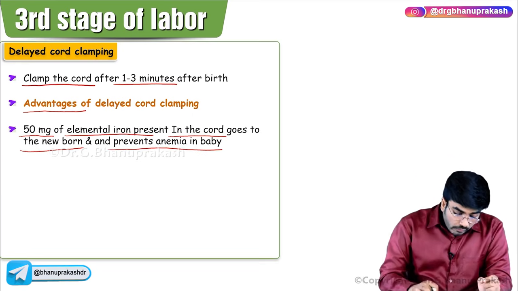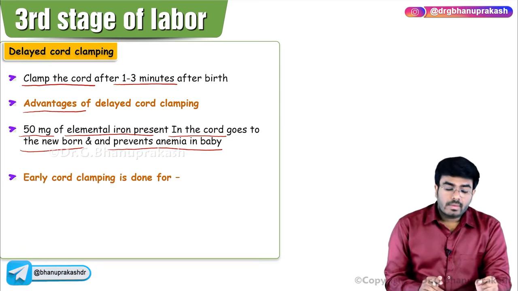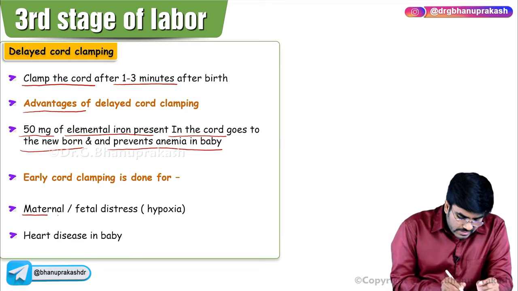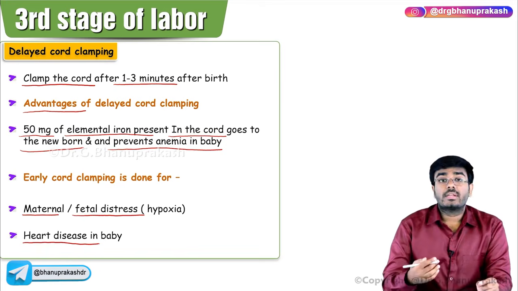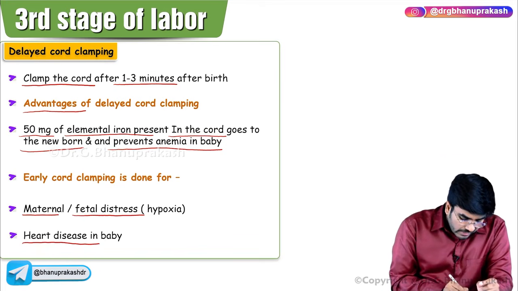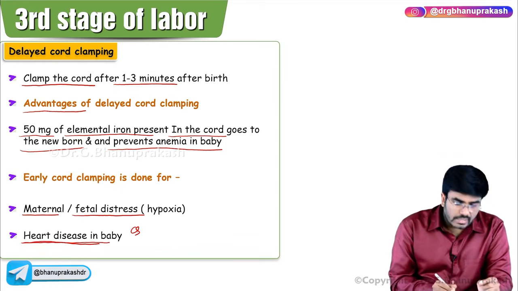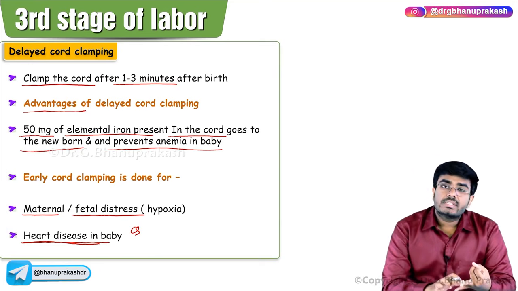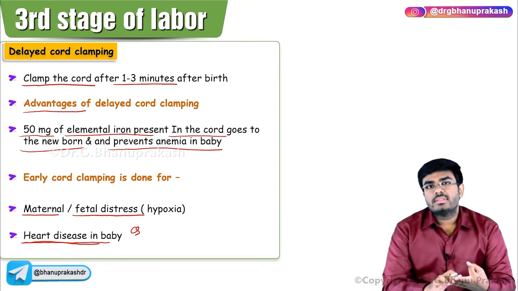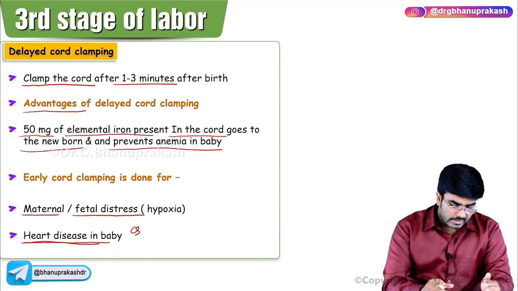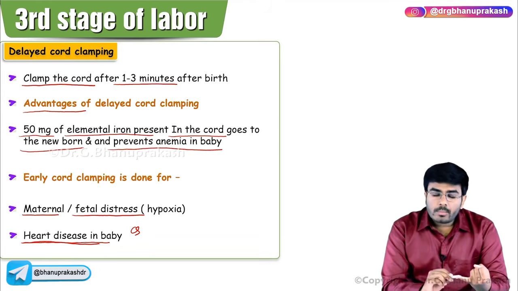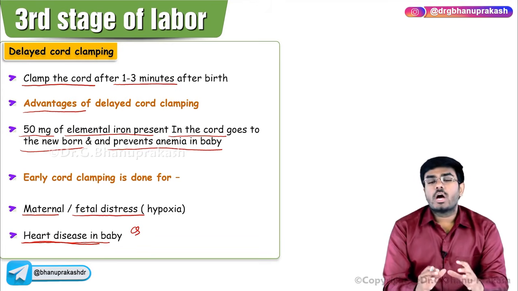But we do early cord clamping if there is any maternal or fetal distress, or if the baby has any heart disease. Maternal distress, fetal distress, or a baby with some heart problem: in these conditions we do early cord clamping. So the first component of active management is completed, that is oxytocin.